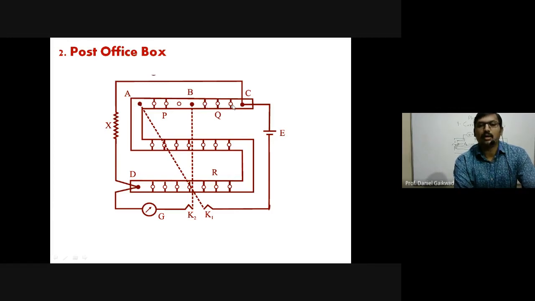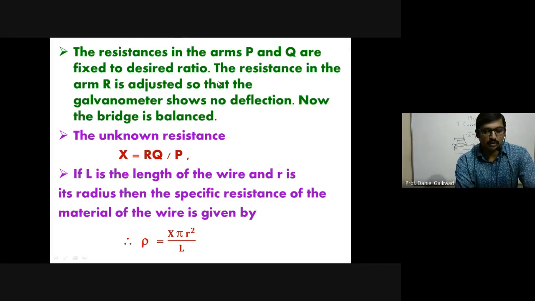Suppose we have 20 and here 200. If we take the ratio P upon Q, the ratio will be 1 upon 10, 20 divided by 200. So that type of ratio we have to fix, in terms of 10, 100, 1000 like this. So that ratio is fixed here.